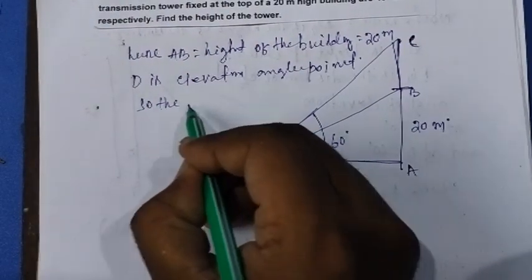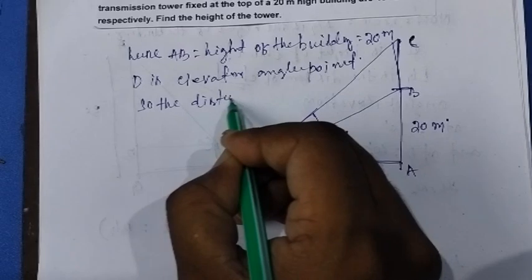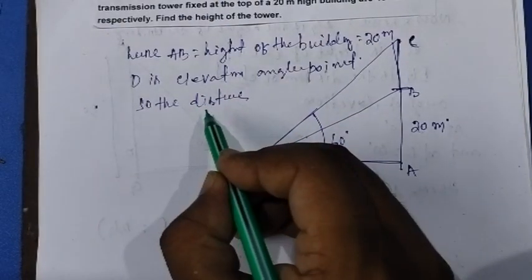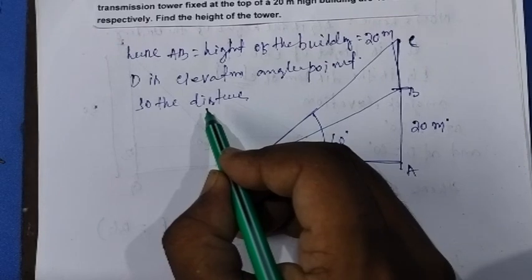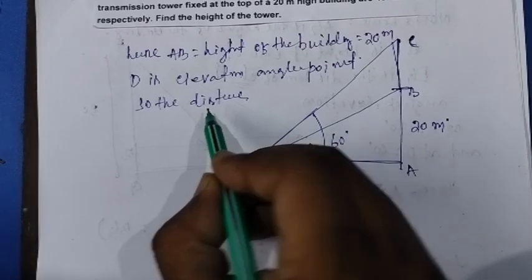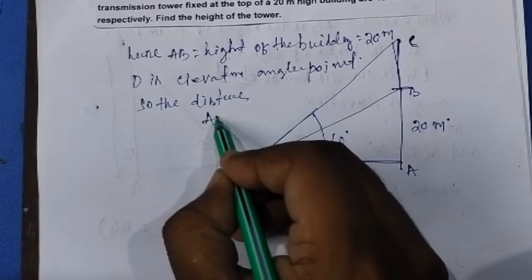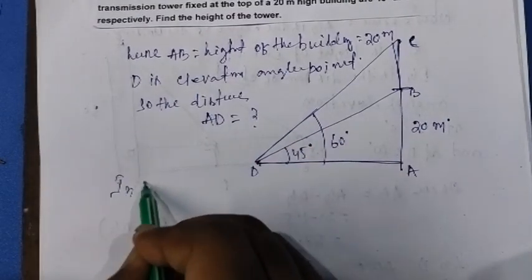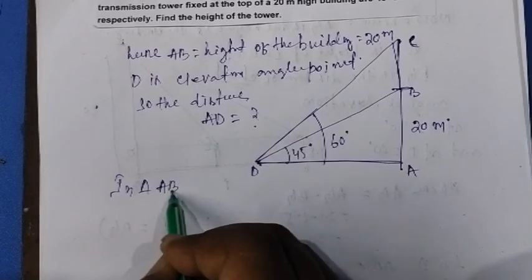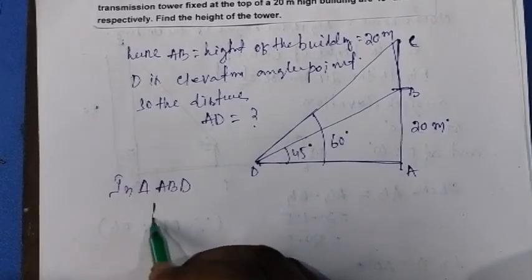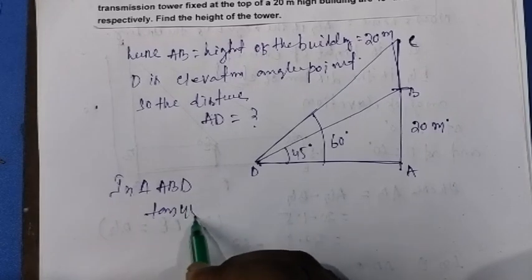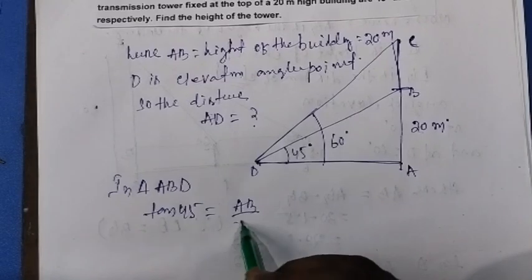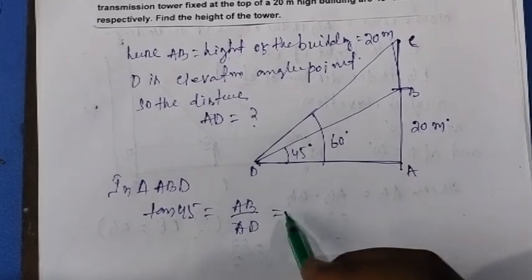So the distance AD is equal to, in triangle ABD, tan 45 is equal to AB by AD.